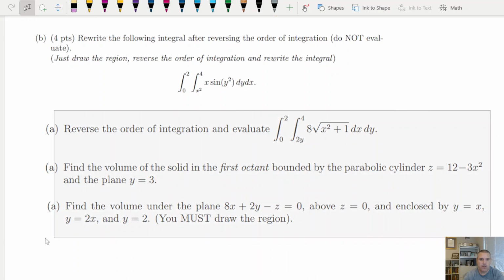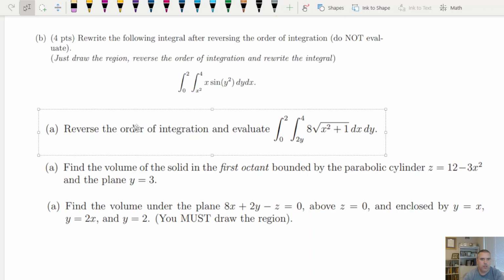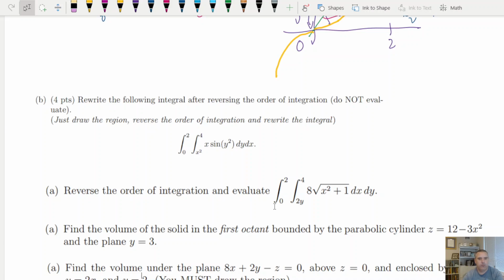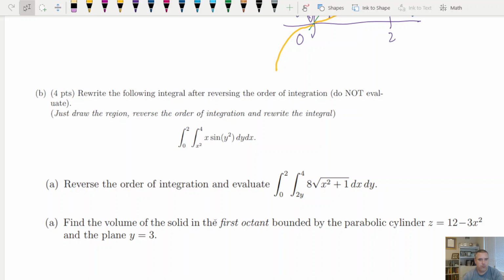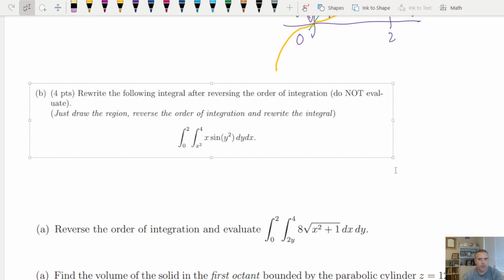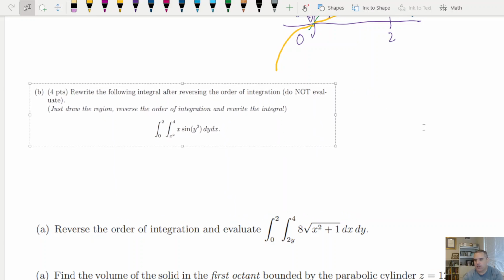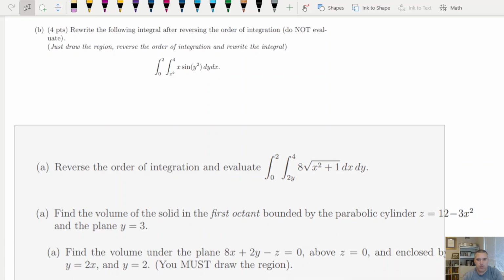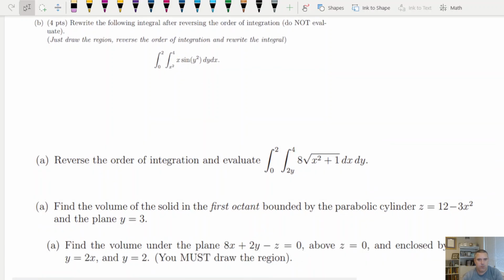Okay. Let's move this down a little bit. Okay, so this gets faster and faster the more you do these sorts of problems. There we go.